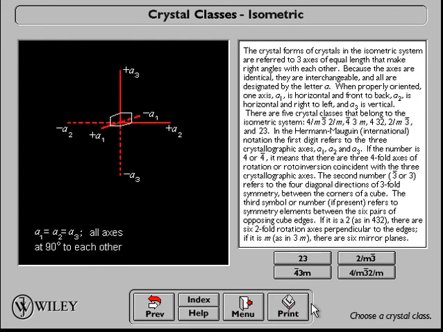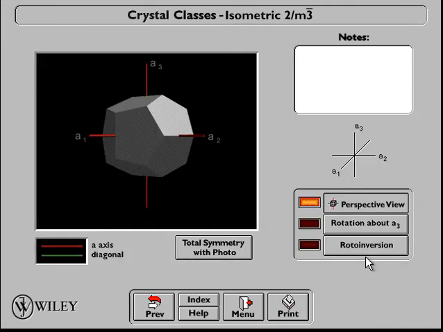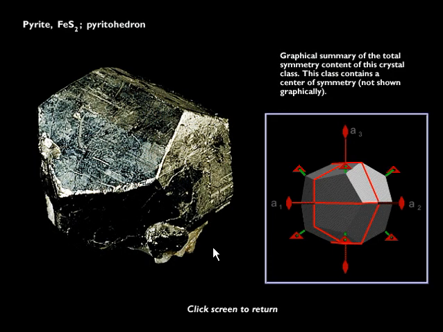So now we are going to 2/m 3̄, with a threefold roto-inversion axis. At first we are continuing with the total symmetry with the photo. Here we have pyrite, iron sulfide, which forms pyritohedrons.